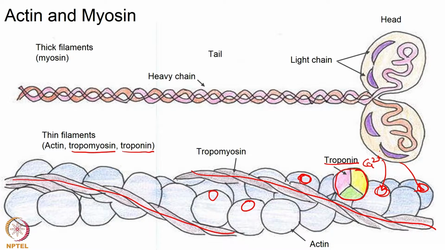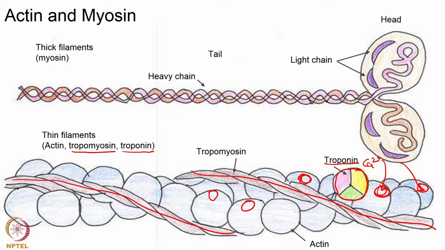When tropomyosin is moved, the binding sites on the actin filament are exposed. Okay. So, essentially the thin filament is composed of actin which contains the binding sites, tropomyosin which covers these binding sites, and troponin which sits on top of the tropomyosin and will cause movement of tropomyosin whenever calcium is present.